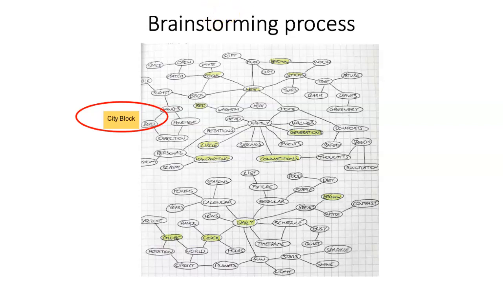Maybe you do a couple of lines off here and think about a bunch of different ideas. I'm not sure yet. Or maybe you have one in particular that you want. Actually, I already know what I want to do, so I don't need to worry about just saying city block.